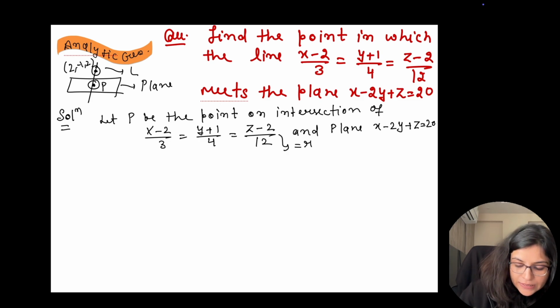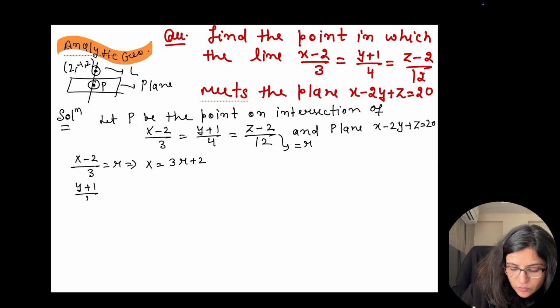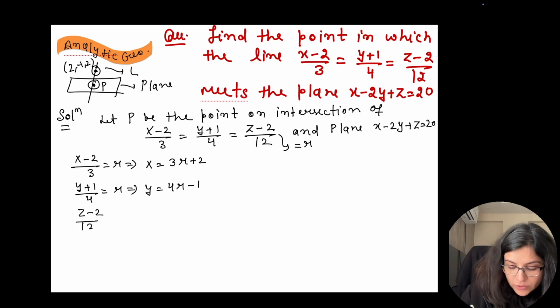So from here, comparing (x - 2)/3 to r, I'll get x = 3r + 2. If I put (y + 1)/4 equal to r, I'll get y = 4r - 1. If I put (z - 2)/12 equal to r, I'll get z = 12r + 2.